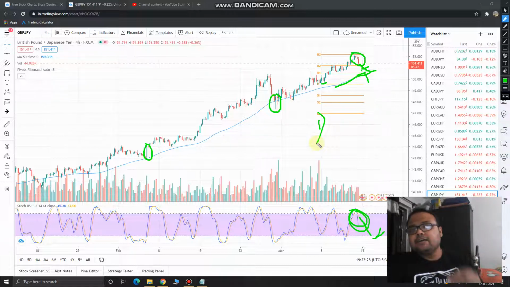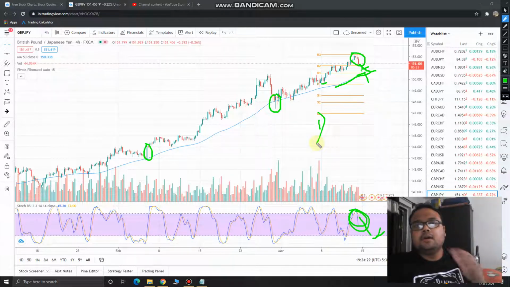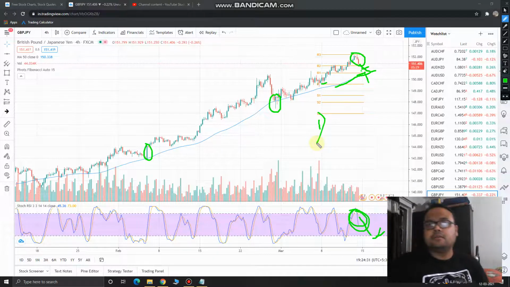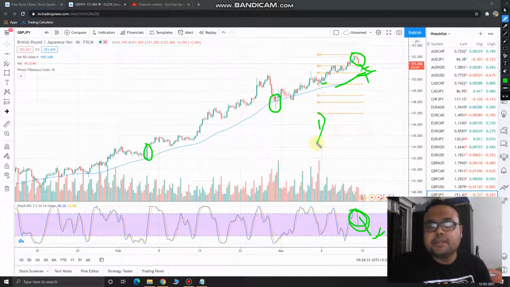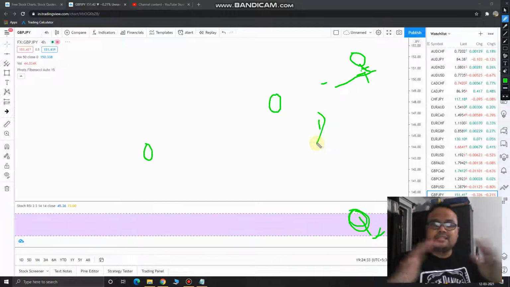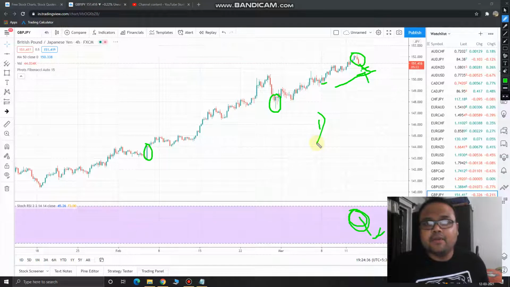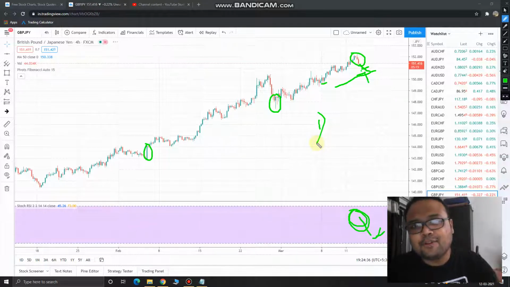When stochastic RSI moves from the oversold zone towards the upside, just grab it. So these are the two things that you need to keep your eyes on for GBP JPY, British Pound Japanese Yen, for 12th March 2021. This is the simple strategy that you can follow.